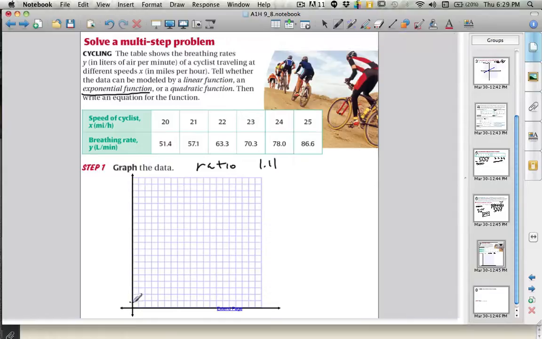And let's say that this is 2, 4, 6, 8, 10, 2, 4, 6, 8, 20 is right there. 2, 4, 6, 8, 10, 30 is right there. Let's see, 2, 4, 6, 8, 10. Oh, I didn't really help for that, did I?